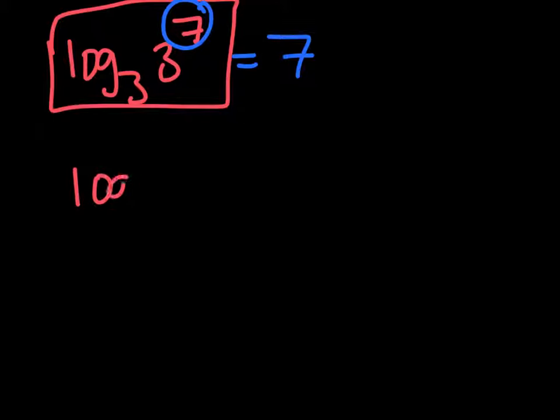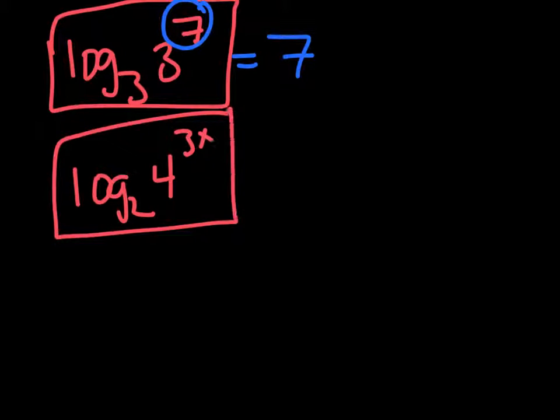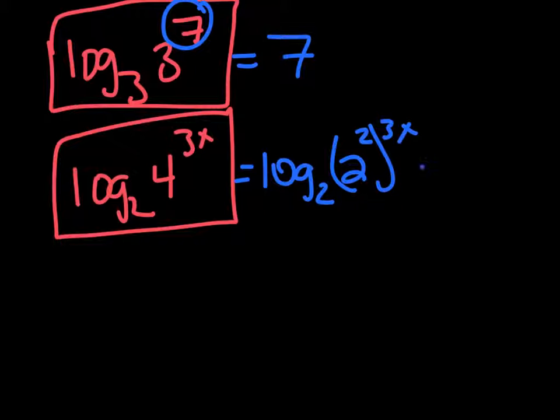So if I have log base 2 of 4 to the 3x, obviously these bases are not the same, but I can get them the same. I can change this to log base 2 of 2 squared, but there's still a 3x there. So log base 2 of 2 to the 6x. And as long as this base is the same as this one, my answer is 6x.